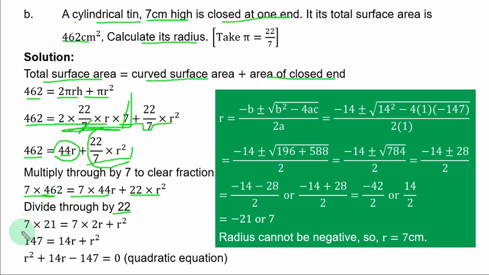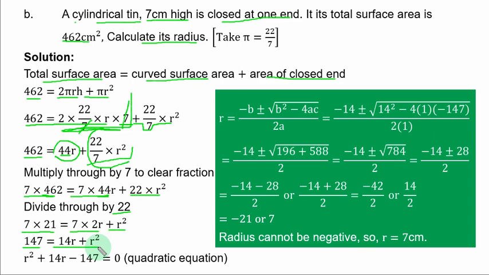So you have 7 times 21. Divide this by 22, you have 2. So you have 7 times 2r plus r squared. If you multiply, you have 147 equal to 14r plus r squared. What you have here is a quadratic equation.